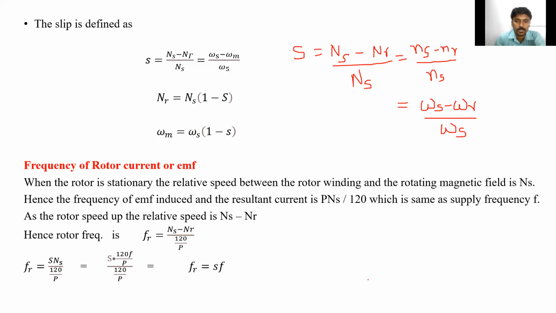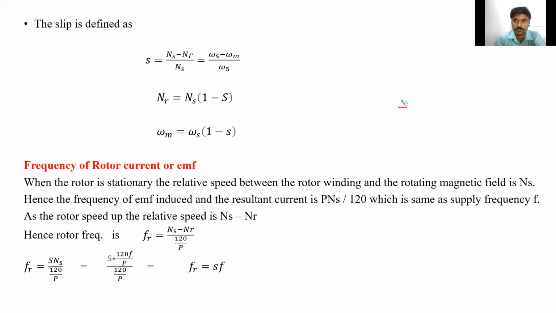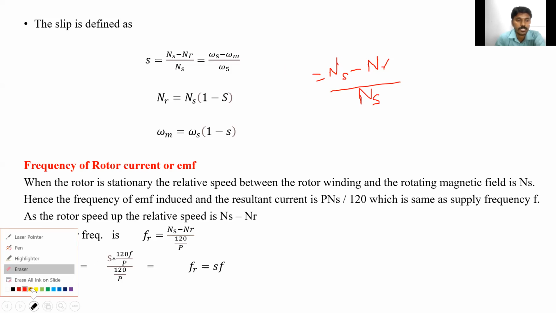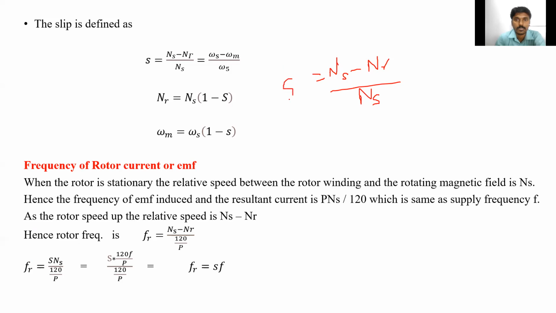Clear? So how can we find out the motor speed? From this equation, how can we find out? Okay, you know the formula, s is equal to ns minus nr upon ns.